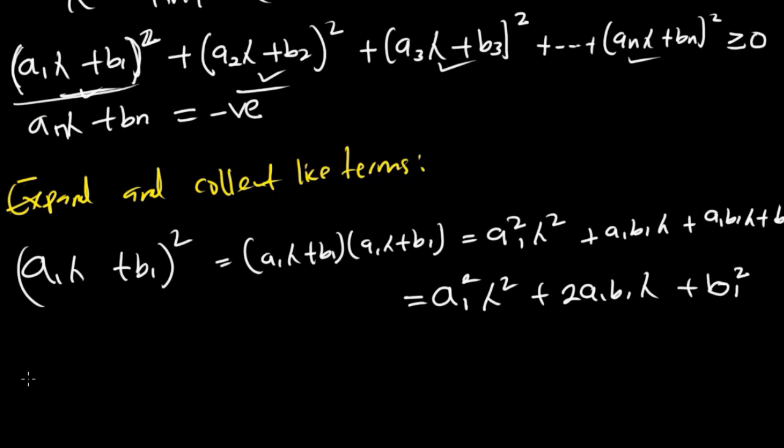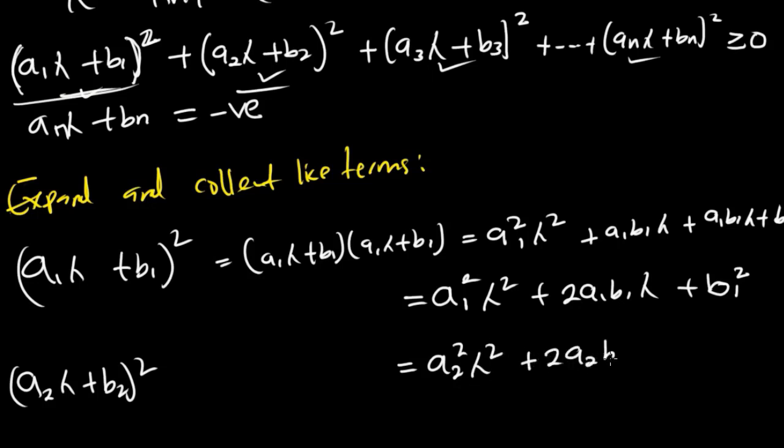If you have (a2 lambda plus b2) squared, expanding this is going to be a2 squared lambda squared plus 2 a2 b2 lambda plus b2 squared.